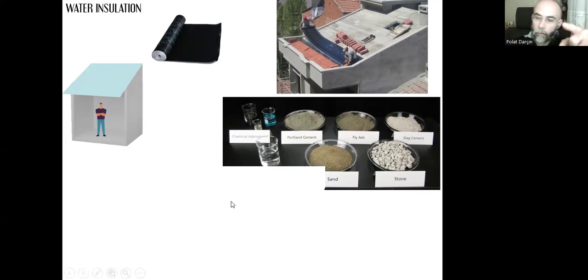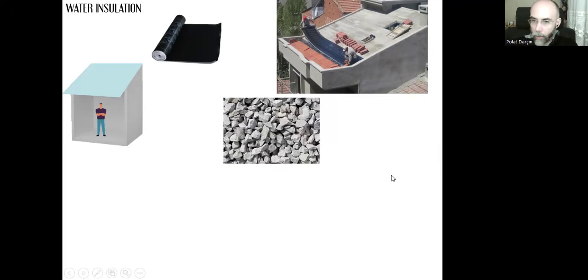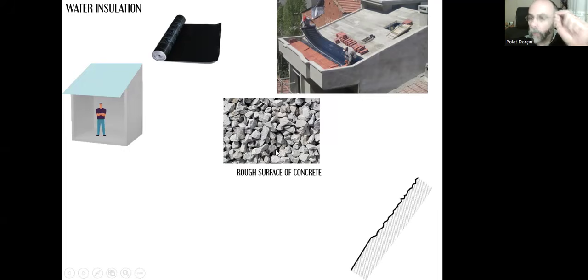But when we are doing this application over the reinforced concrete surface, we know that concrete is a mixture of different materials, such as water, cement, and aggregates: fine aggregates like sand, and coarse aggregates like crushed stones. All these crushed stones have sharp surfaces.